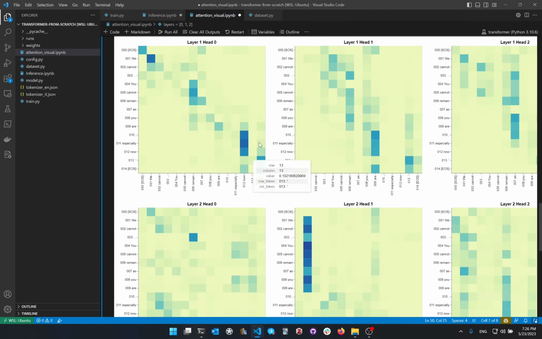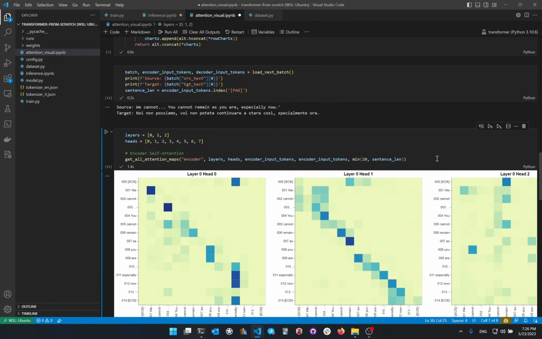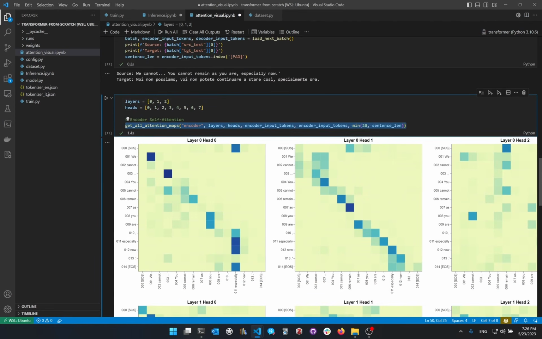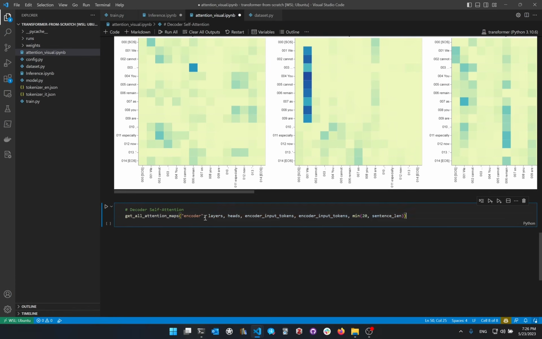Let me just copy the code and change the parameters. Here we want the decoder one, we want the same layers, etc. But the tokens on the rows and the columns are the decoder tokens, so decoder input tokens and decoder input tokens.